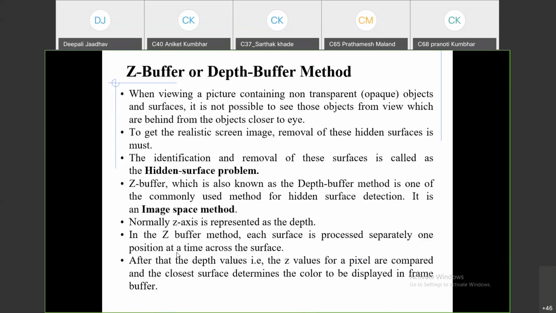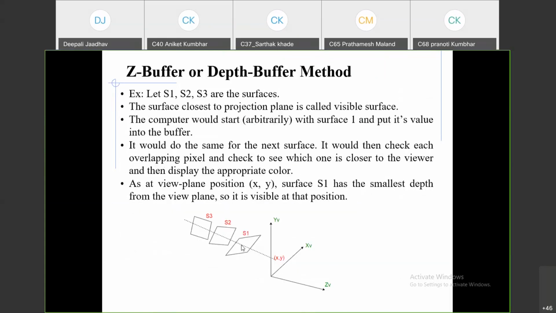So here the closest surface determines the color to be displayed in the frame buffer. Suppose S1 has a red color, S2 has a blue color, and S3 has a yellow color.